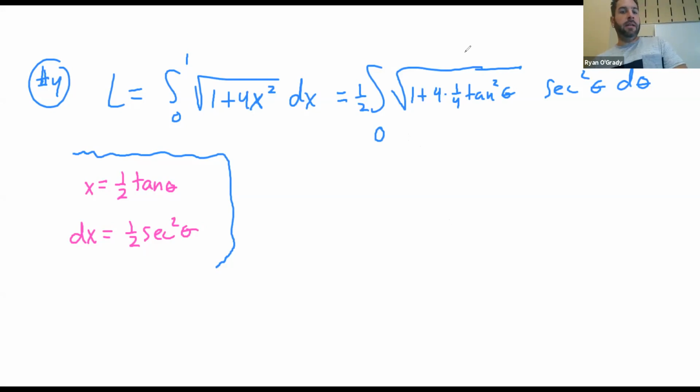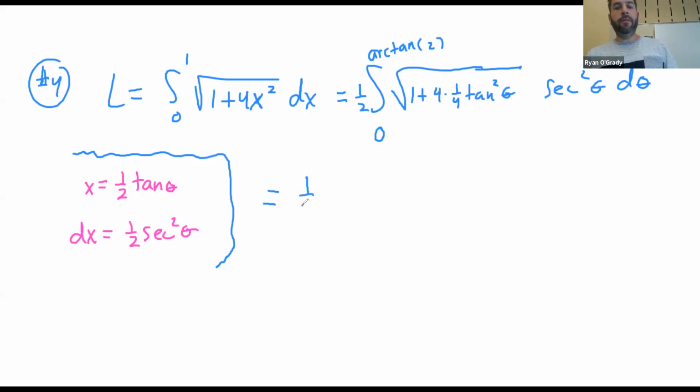If x is 1, then theta has to be the inverse tangent of 2. So this upper bound becomes the arctan of 2, which is often scary for the youngins in calculus. But it is a number. The inverse tangent of 2 is a number. It's just that we don't have a rational form of it. It's irrational.